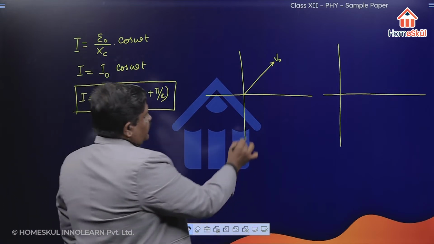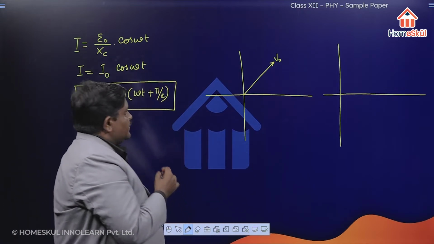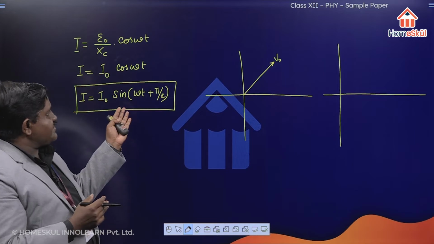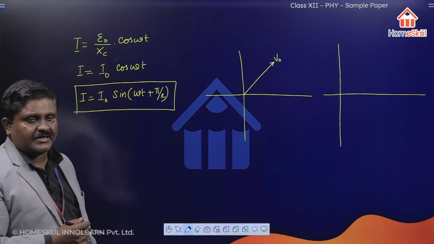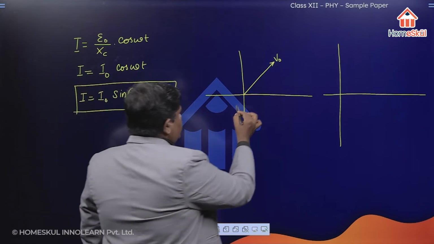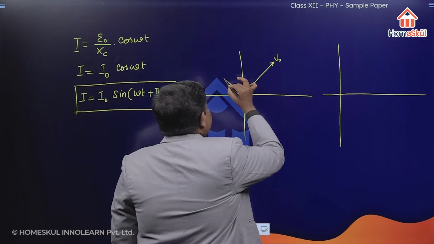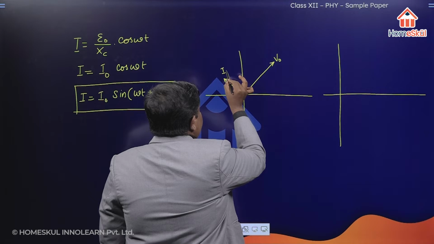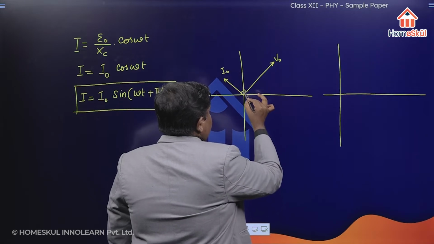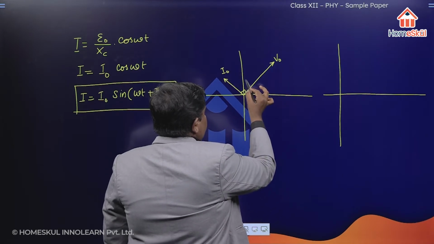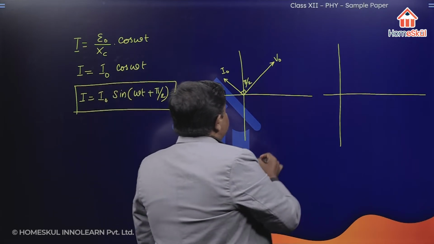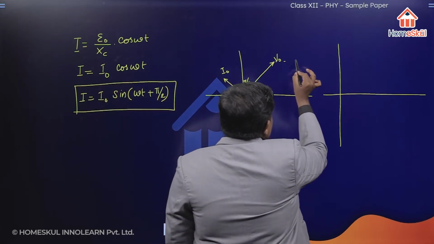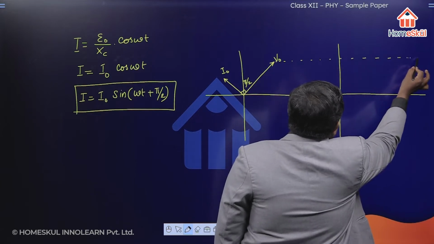Here the current leads by a factor pi by 2, therefore the current will be in the second quadrant. So this is the value of I0. The angle between V0 and I0 is pi by 2. Now we have to draw the graph.